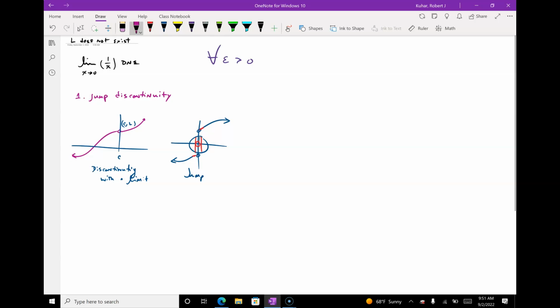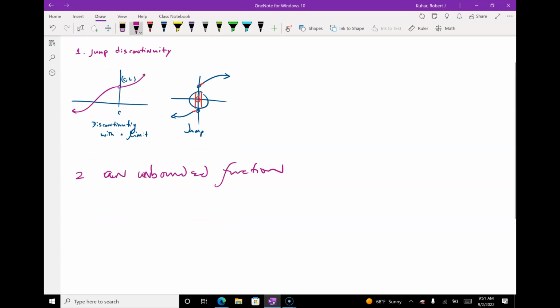The second one is an unbounded function. Sorry, unbounded function. So I said the limit as x goes to 0 of 1 over x squared does not exist.